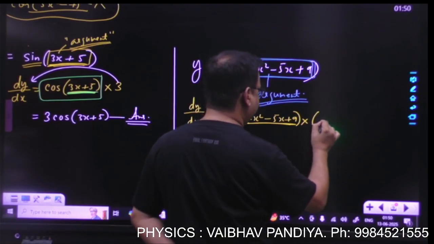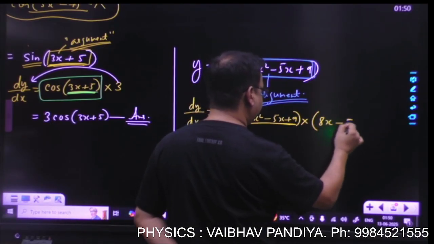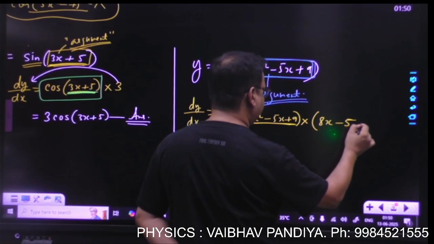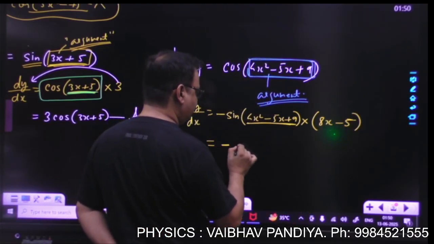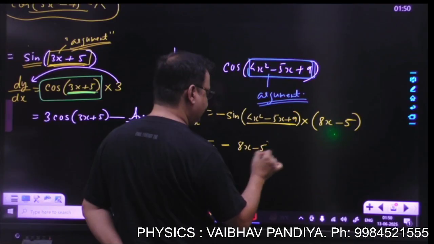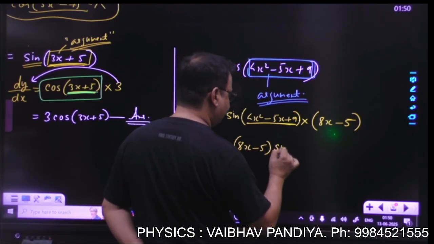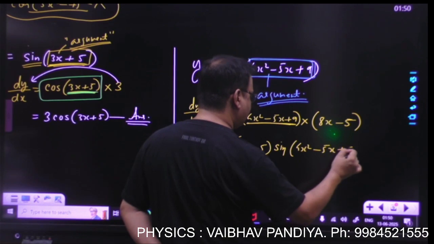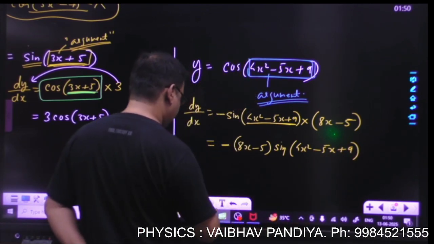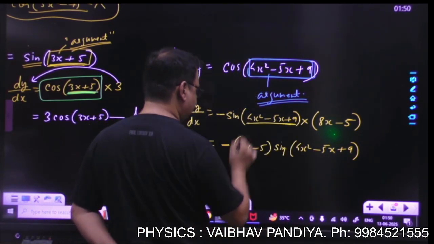So 4x square will have a derivative 8x, 5x will have a derivative 5, and 9 will have a derivative 0. So your answer will come to be minus 8x minus 5 sine 4x square minus 5x plus 9. This is your final answer. Got it?